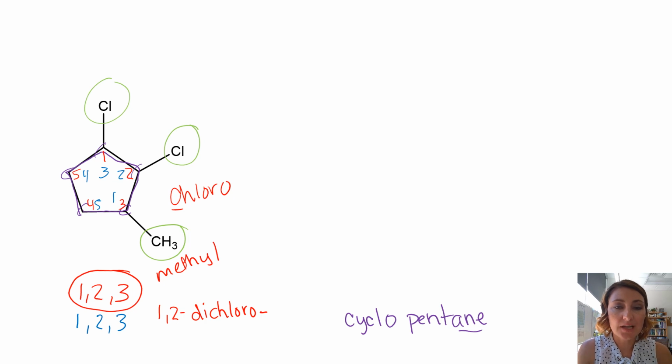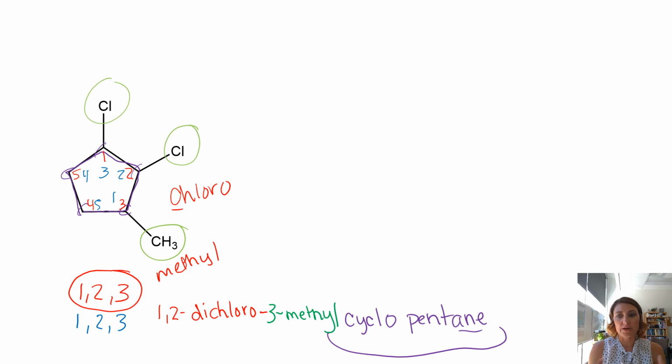I am going to use commas to separate my numbers and dashes to separate numbers from letters. Next, I have a methyl group and it is on the 3rd position. So I have to again state what carbon it's coming off of. So this would be 1,2-dichloro-3-methylcyclopentane. And it's okay for this name to all run into itself. You don't have to put spaces in it.